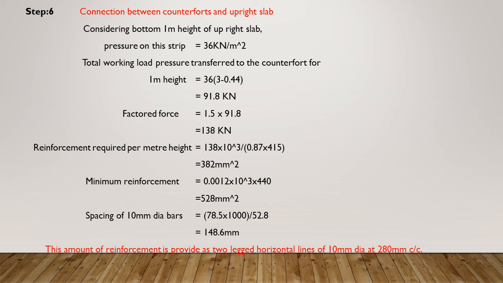Then we can provide 10 mm dia bars. Finding the spacing is equal to 78.5 into 1000 divided by 528, which is the Ast. So the spacing is 148.6 mm. With rounding, the reinforcement is provided as two legged horizontal links of 10 mm dia bars at 280 mm center to center distance.